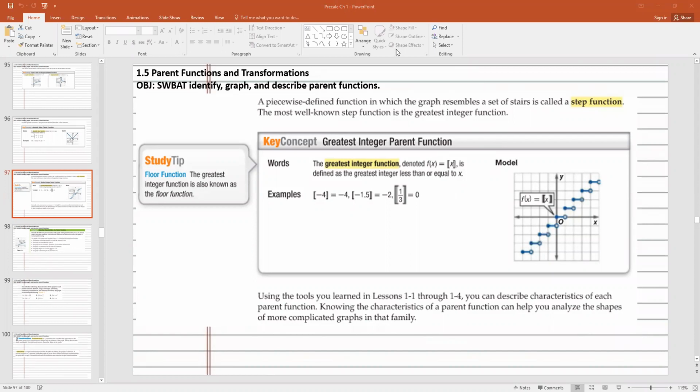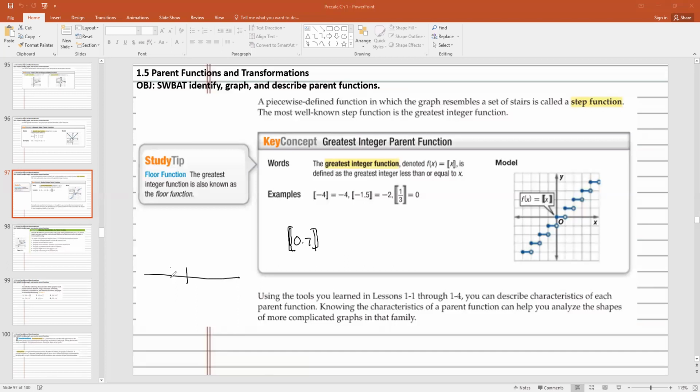And it says the most well-known step function is the greatest integer function. The greatest integer function looks like brackets, but double-lined brackets. So what it means is if you have any number, let's say 0.7, it's going to be the greatest integer less than or equal to x.